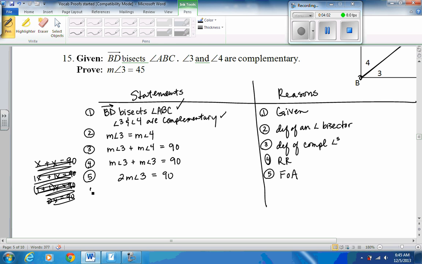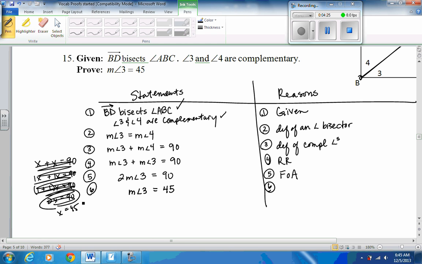And maybe you have an idea how to get here, because we have used this property, not as often, but we have. What says that if 2 times measure of angle 3 equals 90, then 1 measure of angle 3 equals 45? What are we really doing to get that? Well, if you had 2x equals 90, how would you get to x equals 45?